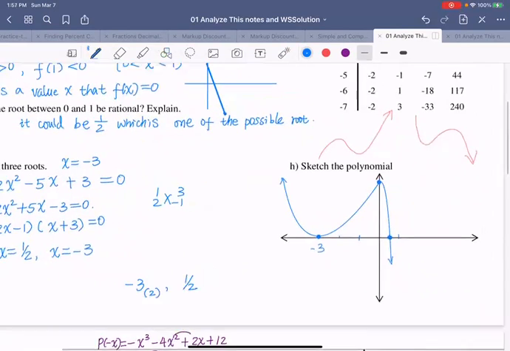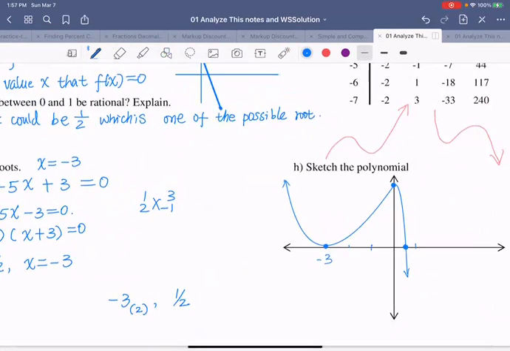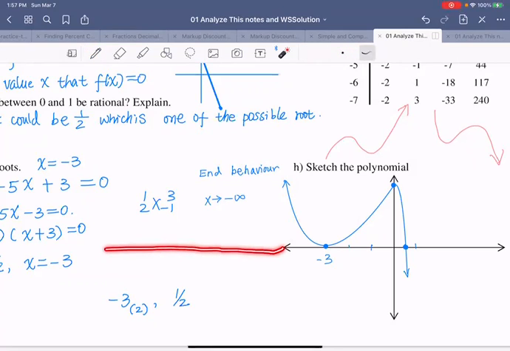I would also like to introduce the end behavior, okay? This is end behavior. That means when your x approaches negative infinity, which is your x going all the way to the left, your y will approach positive infinity.